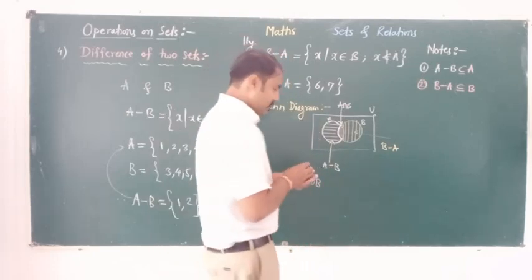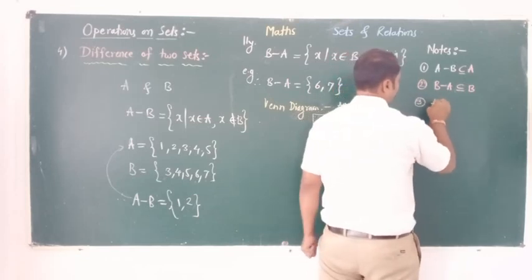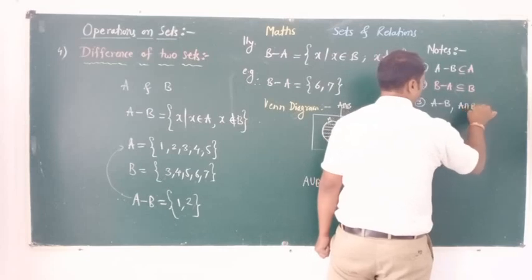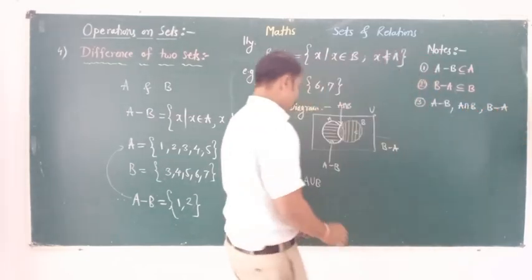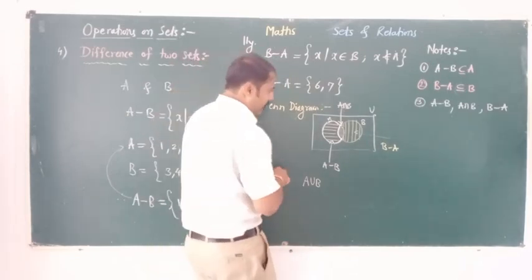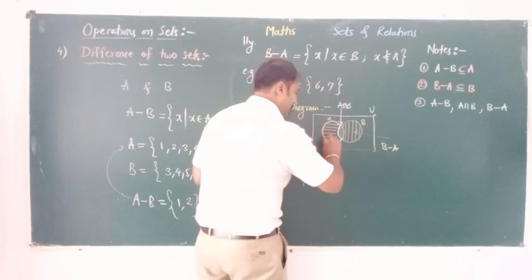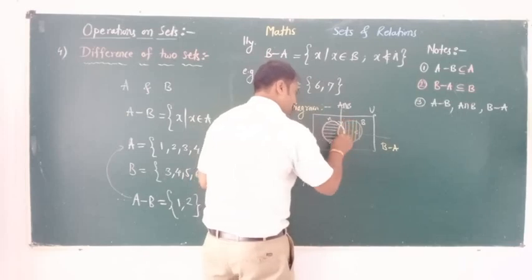Third note is here. A minus B, A intersection B and B minus A. Look at here. A minus B, this set. B minus A is this set.